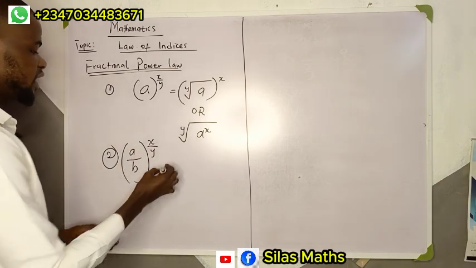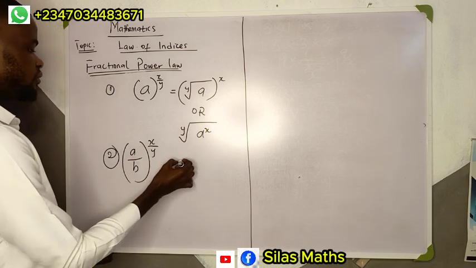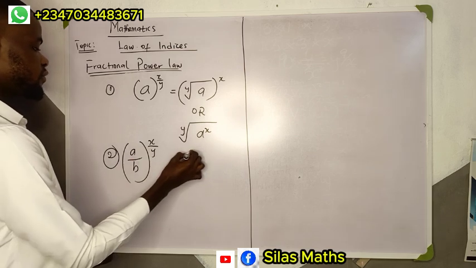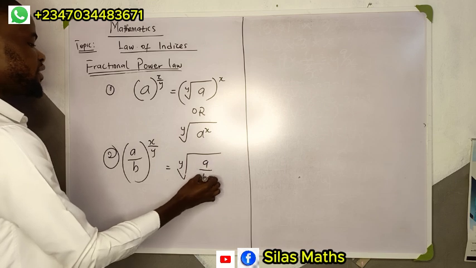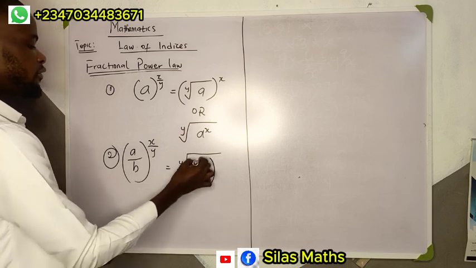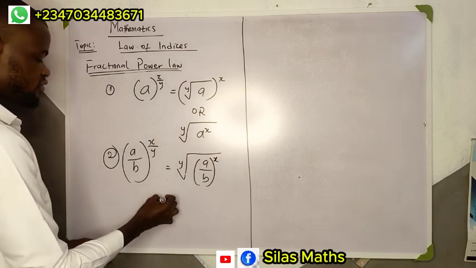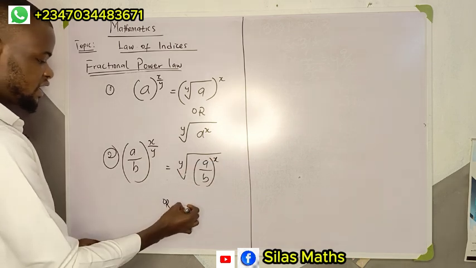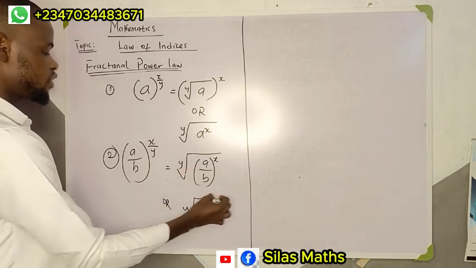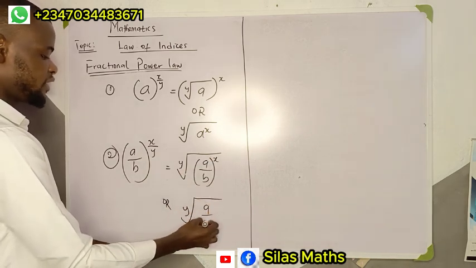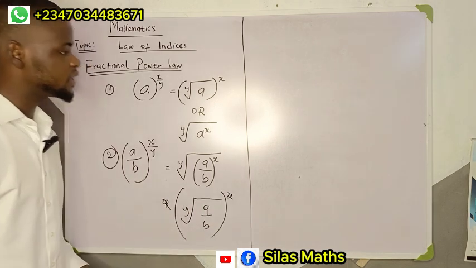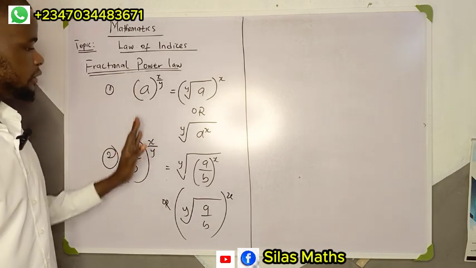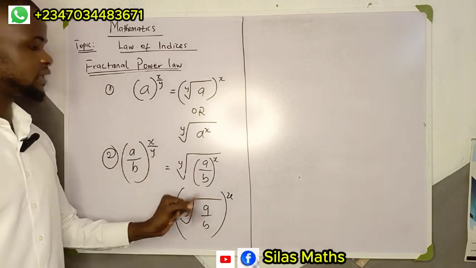We'll just take the y root of a over b all to the power of x, or we say it is the y root of a over b, all to the power of x. So these are the two forms that this could take.